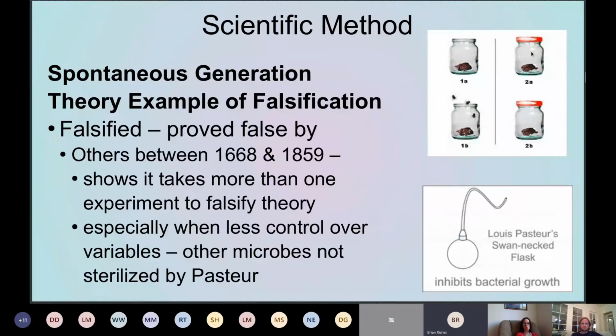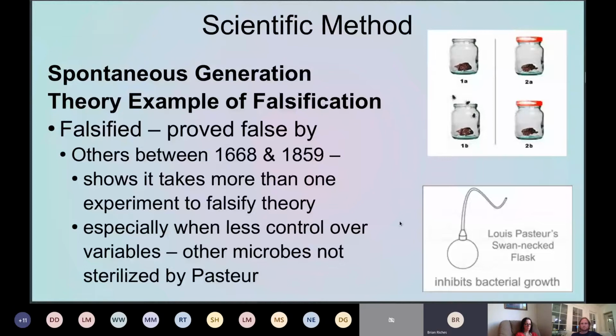So that might show data that might suggest that it did spontaneously generate. So other microbes were not sterilized by Pasteur. When he replicated his own studies, he found different results some of the time because there were microbes that were not killed in the boiling process.